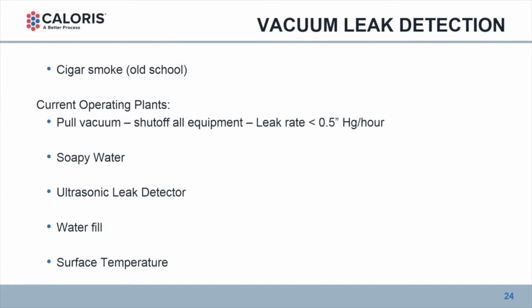So the next step is you can use soapy water in a squirt bottle, and you will see it starting to foam and the foam being sucked in around a leak, if you can find a suspected leak spot, such as on a gasket. For a broader look at an overall evaporator system, the ultrasonic leak detector devices are very effective.